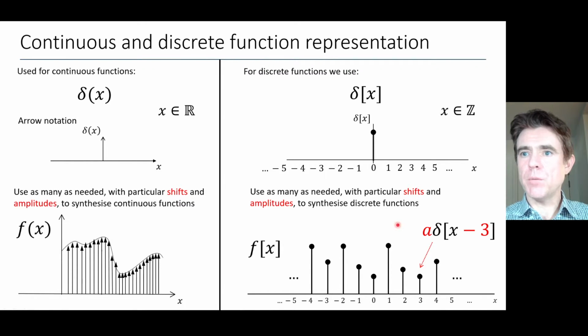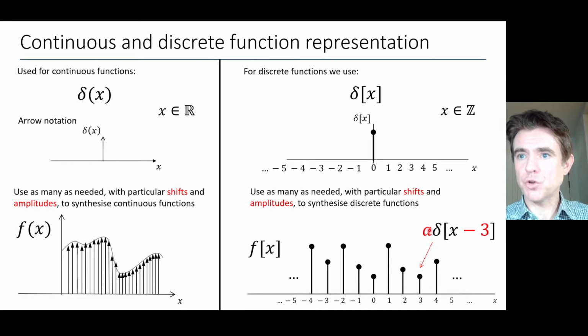Okay, and then I'm showing here an example of what this sample value, this discrete function value, would be represented by. It would be a delta function, delta of x, shifted to x is equal to plus 3. Remember, we need that argument to be 0 to give us that unit value here of the delta function. And I'll be defining that in more detail in a moment.